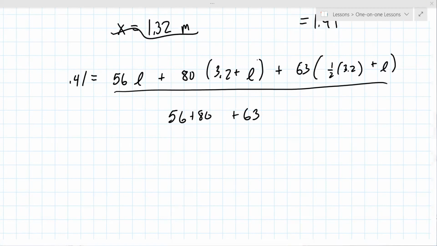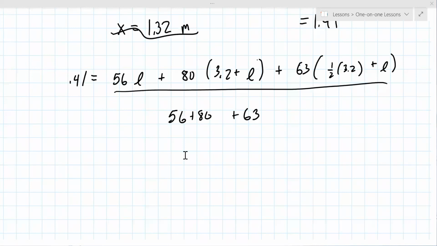I'll solve this by plugging it into Wolfram. I usually use x instead of trying to get it to use another variable; it's probably simpler. So plus 63 times 1.6 plus x all over 56 plus 80 plus 63.